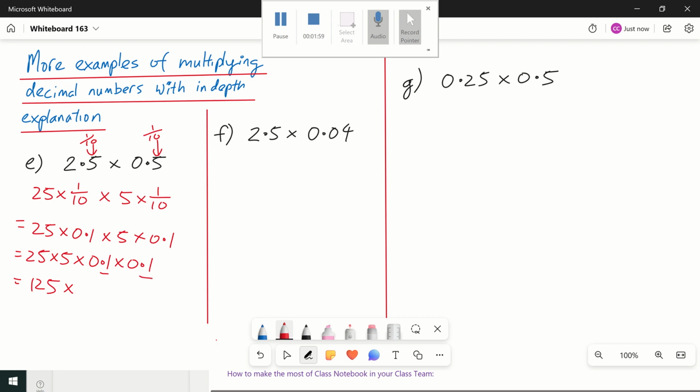So that gives us 0.01. When you put it all together, that's 125 units of 0.01.